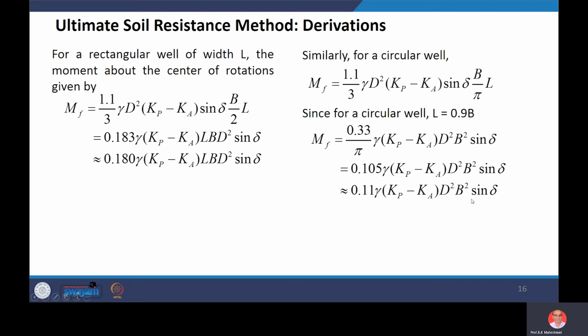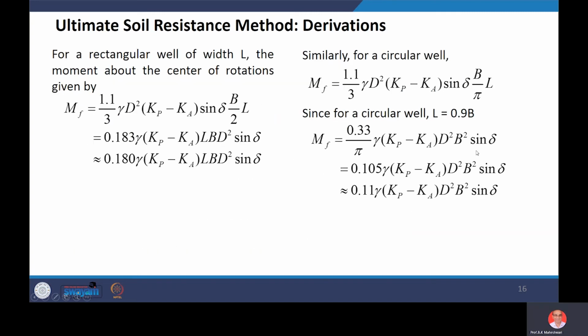When you put L equal to 0.9 B in this equation, it becomes the equation for the circular well. So this was for the circular well, and this top one is for the rectangular well.